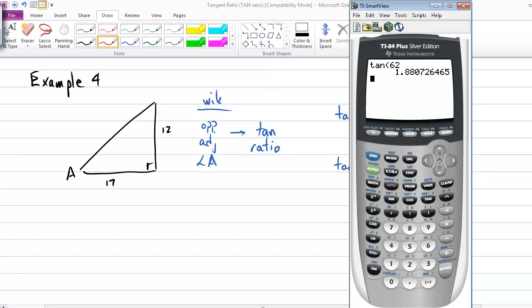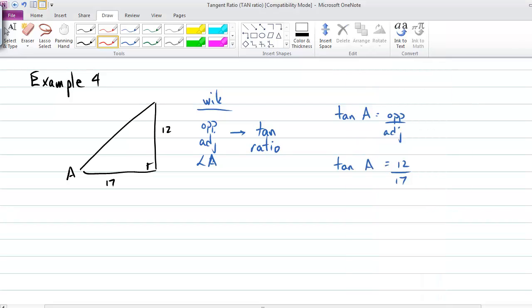So in this particular example, we're going to press second tan, and then put in 12 divided by 17, and when we hit enter, our calculator spits out 35.2175. So if I wrote that down in our notes, in order to find an angle, you're always going to use the undo button.